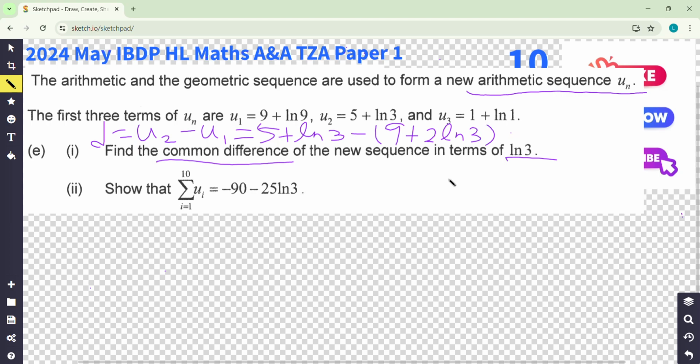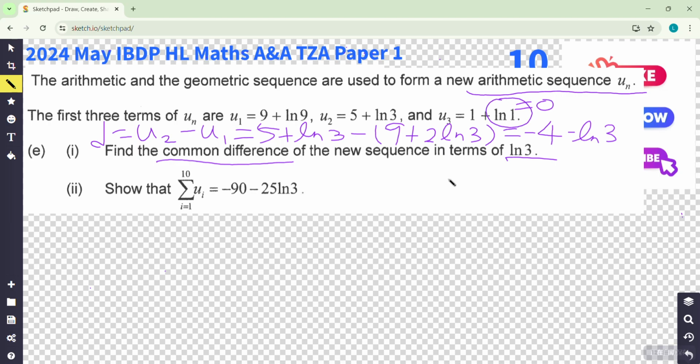Got it? So 5 minus 9 is minus 4. Log 3 minus 2 log 3, so it's minus log 3. Checking time. So 5 minus 4 is 1. Good. Log 3 minus log 3 is not 1. Do you remember what it is? 0. It's a trick.